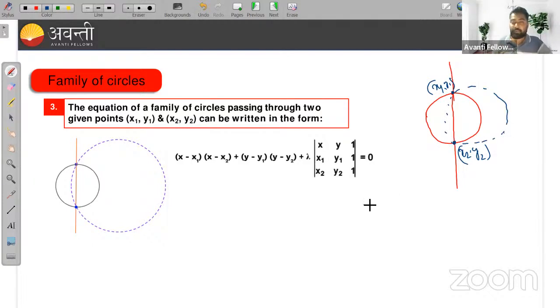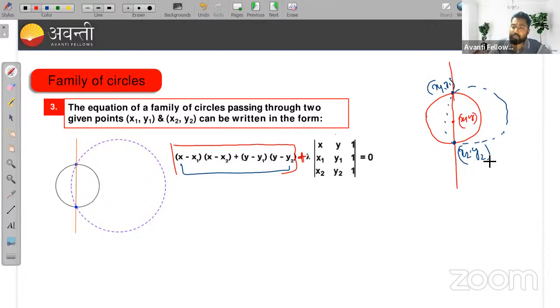And here the equation is the diameter form of the line: x minus x1 into x minus x2 plus y minus y1 into y minus y2 plus lambda into the determinant of x, y, 1; x1, y1, 1; x2, y2, 1. Suppose I'm taking any point here whose coordinate is x y.